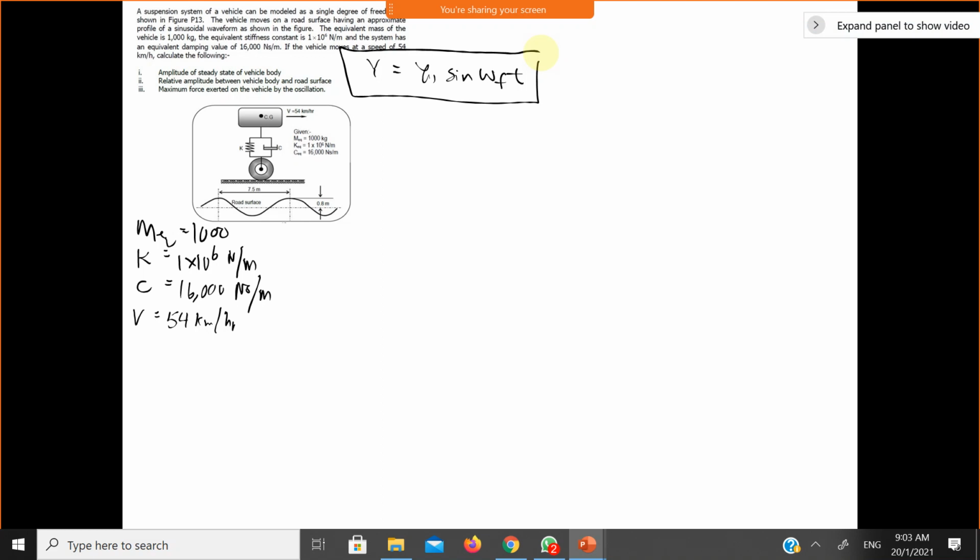Come on, this is physics. How do we get omega based on a given velocity and 7.5 meter? What is that 7.5 meter actually? What does it mean here? 2 pi r. What is 2 pi r? Frequency.